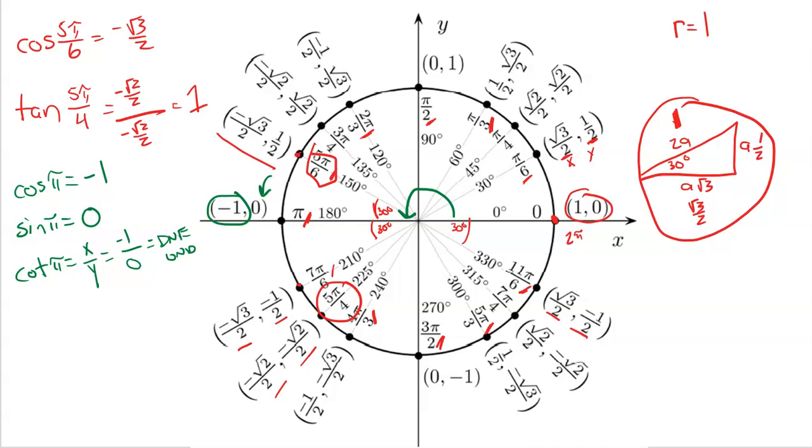So cotangent of pi is undefined because you can't have a 0 denominator. Same thing can be true for pi over 2. If I were to ask you for tangent of pi over 2, that would be the y-coordinate 1 divided by the x-coordinate 0. And again, can't happen. That's undefined. So that's going to happen. It's no big deal. It's totally fine.